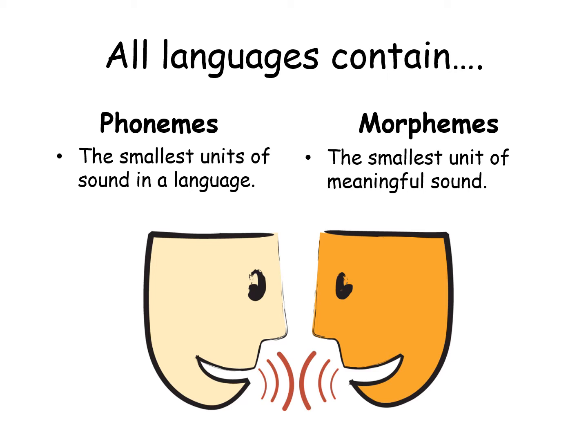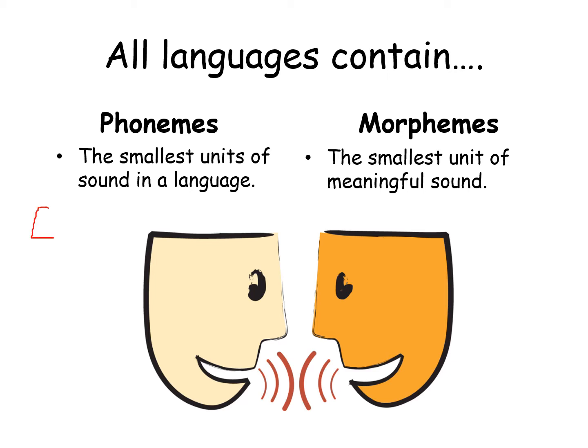Phonemes, as it says, are the smallest units of sound in a language. So if you are thinking of phonemes in the English language, we have a lot. There are about 870 different phonemes in just human speech, and English has about 40.